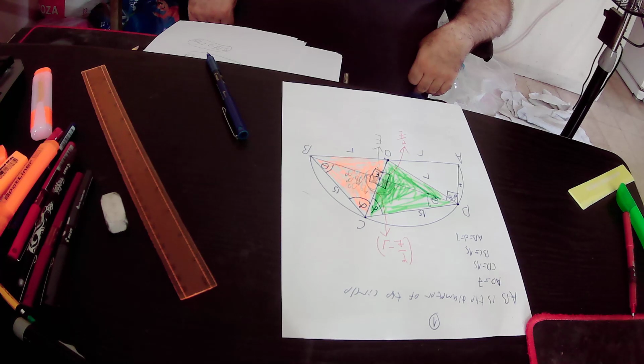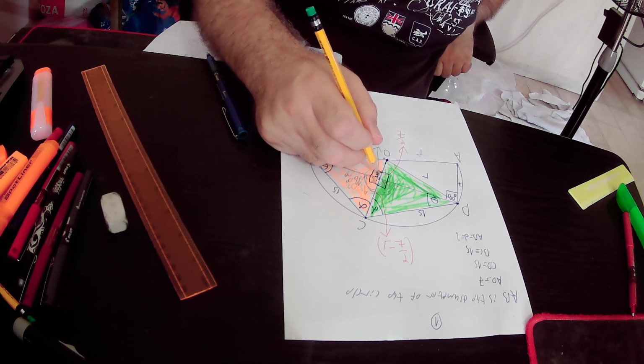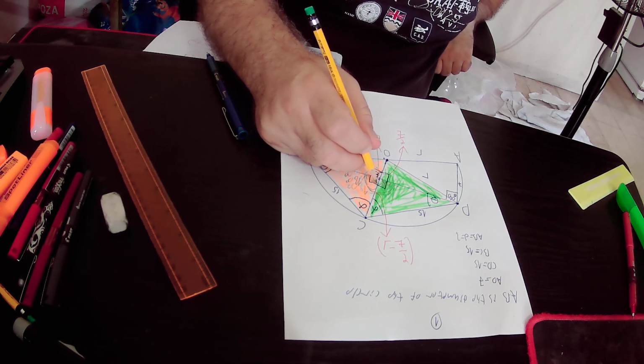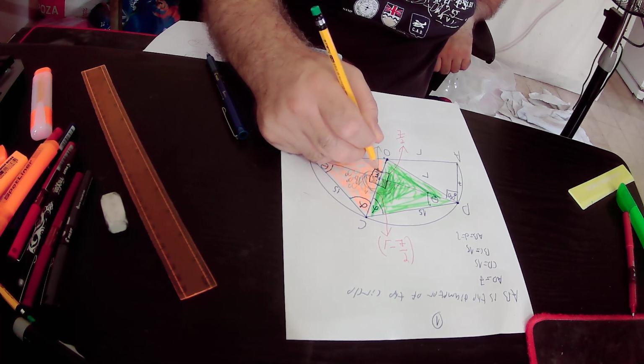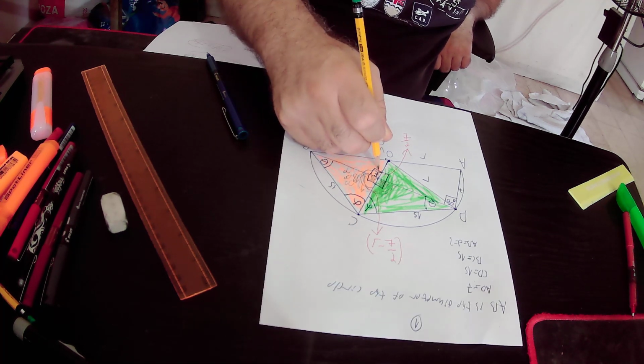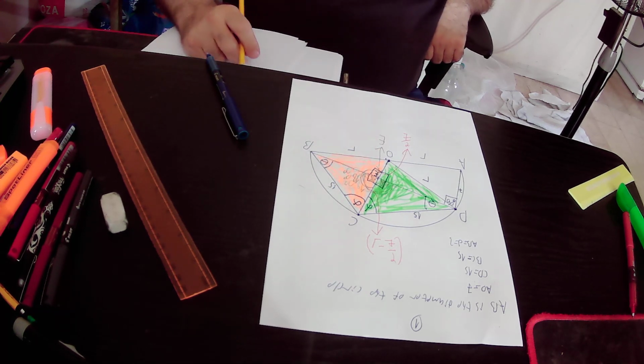Along a straight line, if we focus on a certain point, the sum of the angles on one side of the straight line OC is equal to 180 degrees.